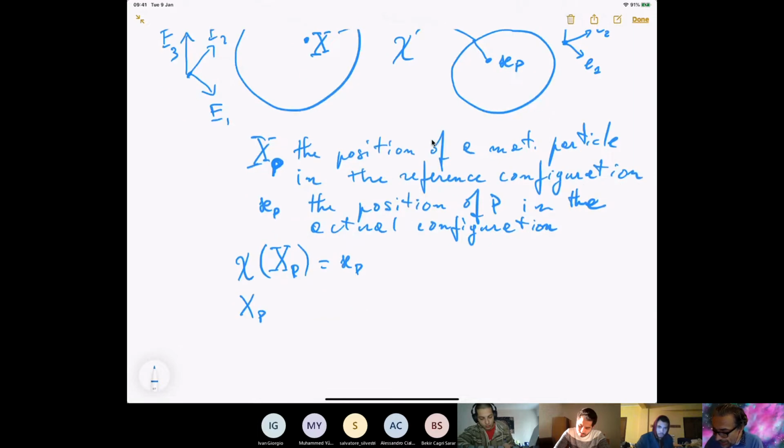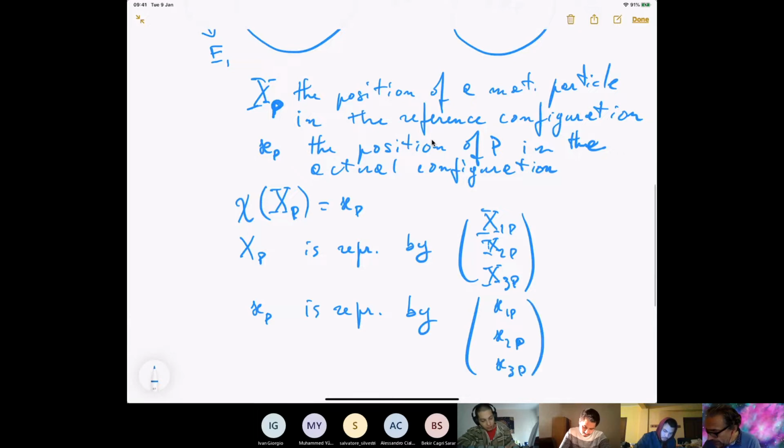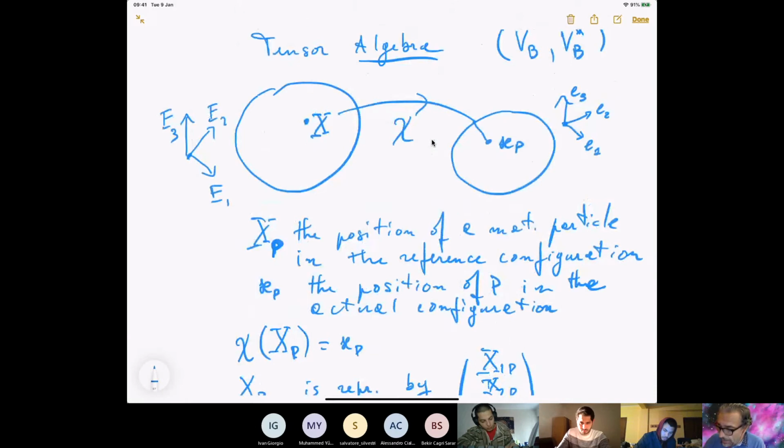So capital X_P is represented by X1_P, X2_P, X3_P capital, and x_P small is represented by x1_P, x2_P, x3_P small. So the placement maps positions in the reference configuration into positions in the actual configuration.